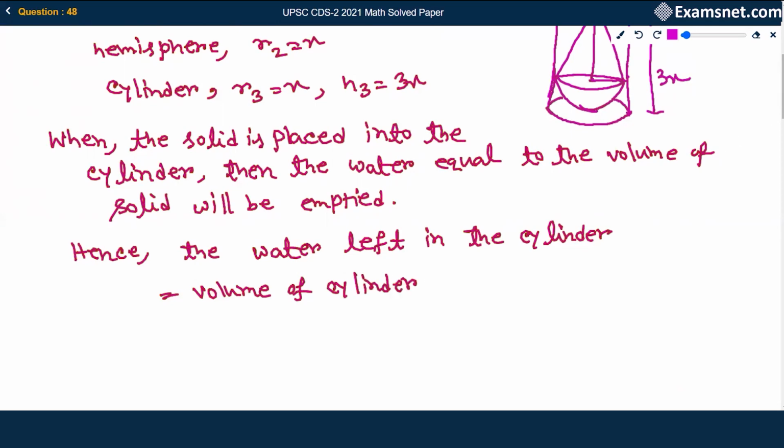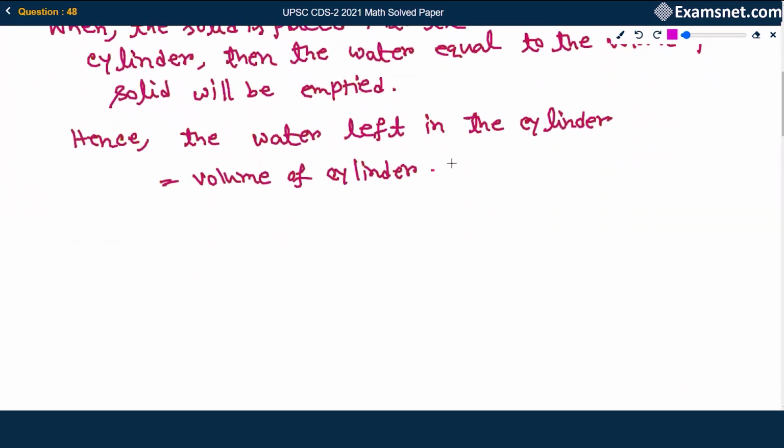The formula for the volume of a cylinder is pi r square h, that is pi x square times 3x, minus the volume of the solid.